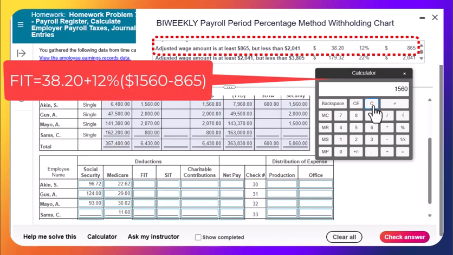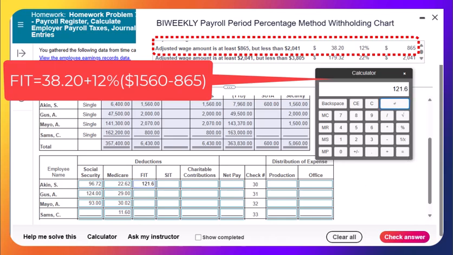We need to subtract out $865 for $695, and then it's 12% of that number for $83.40, plus $38.20. Make sure to clear out your calculator and then add those numbers together if you are using the percentage key. Otherwise, it will mess with your answer. So $121.60 for the federal income tax here for Aiken.